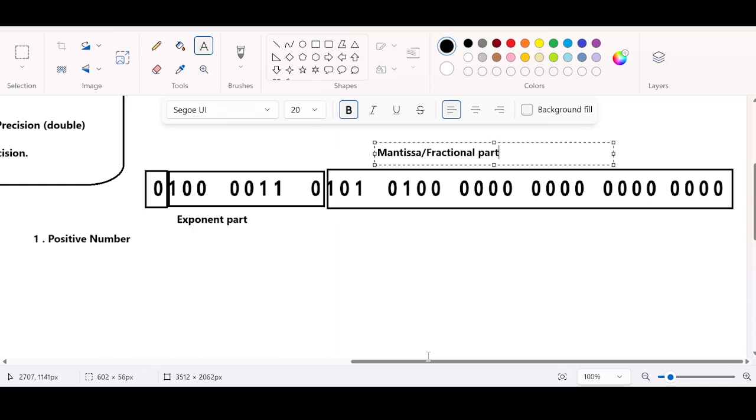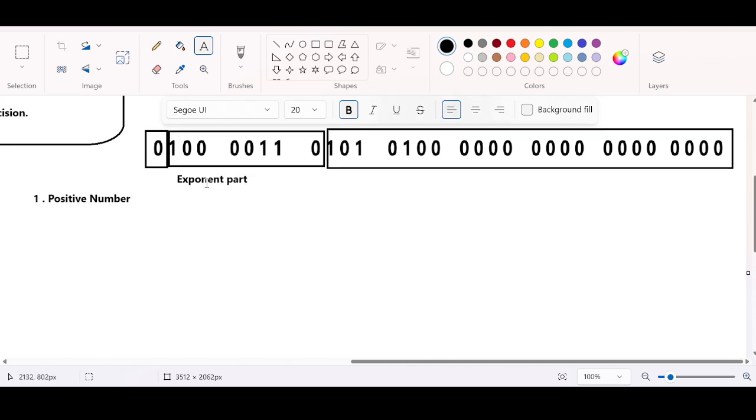Now I want to find the value of this exponent part. So let me take those bits: 1 0 0 0 0 1 1 0.